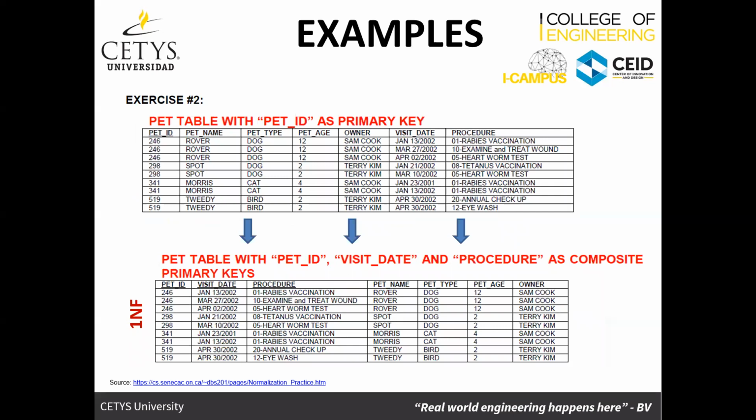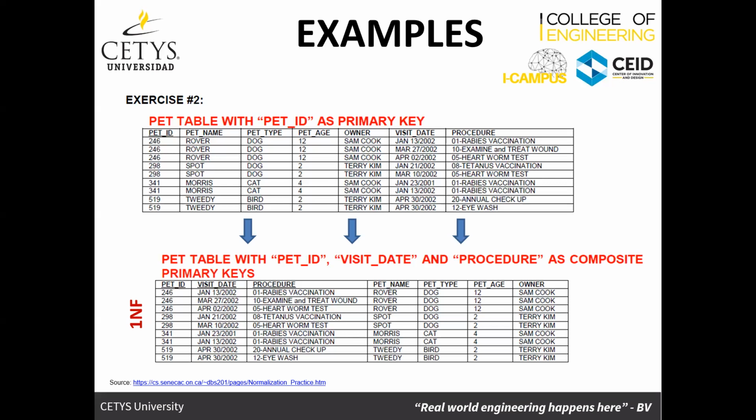Then from this table that we have here, if we want to find specific information for a pet and what the pet went to the clinic for, if we just have the pet ID as a primary key, we can't get that information because 246 is Rover, but Rover has gone 3 times to do 3 different procedures in 3 different dates.